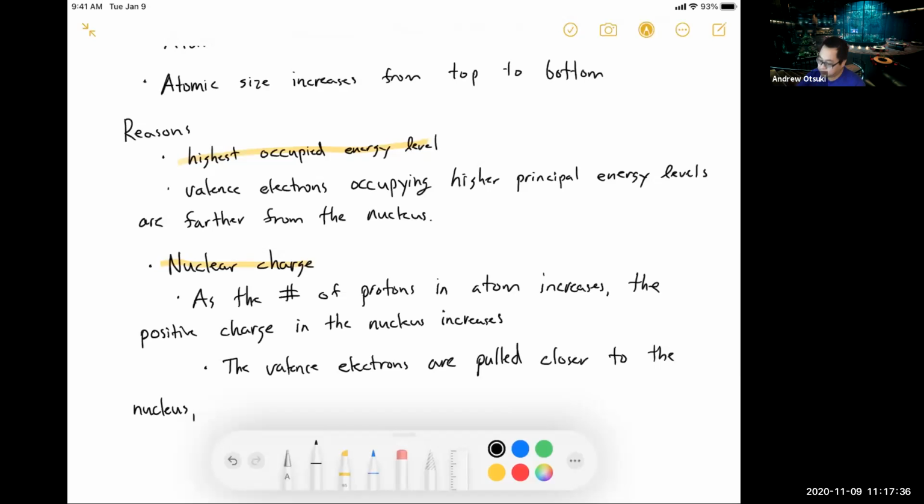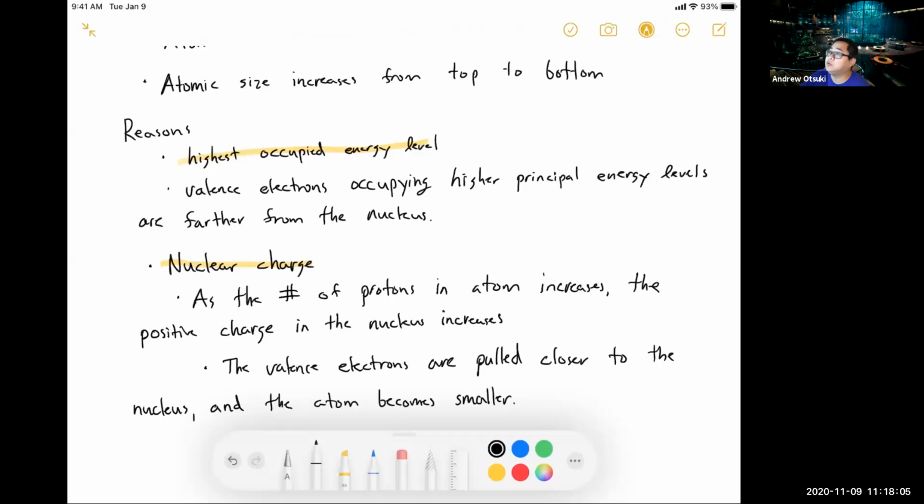The nucleus is pulling on those electrons, so the radius will decrease. The atom becomes smaller. Okay, so hopefully that explanation makes sense. That's how we explain the trend in atomic size.